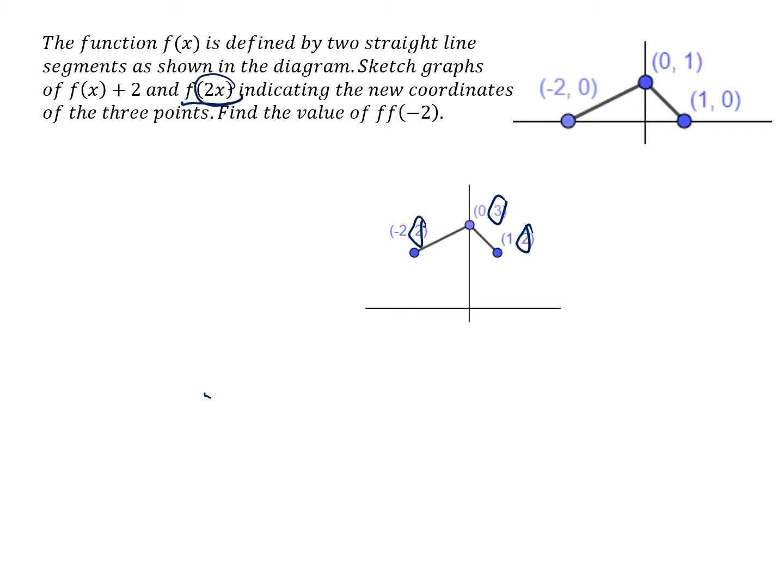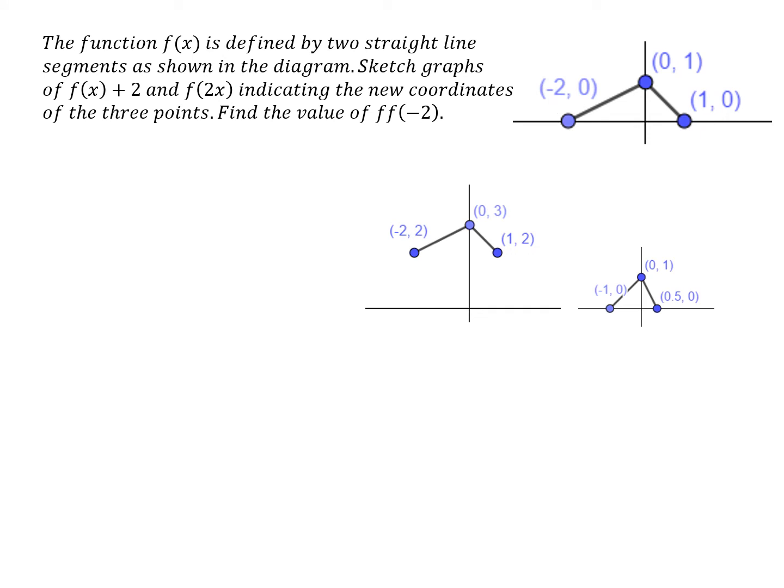When we're inside the brackets like this, instead of multiplying the values of x by 2, we're dividing them by 2. So each of the x values that we had on the original graph, -2, 0, and 1, are going to be divided by 2, but the y coordinates are going to remain the same. So this is what the revised graph for f of 2x looks like.